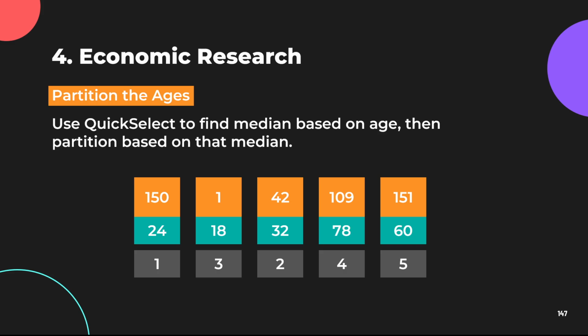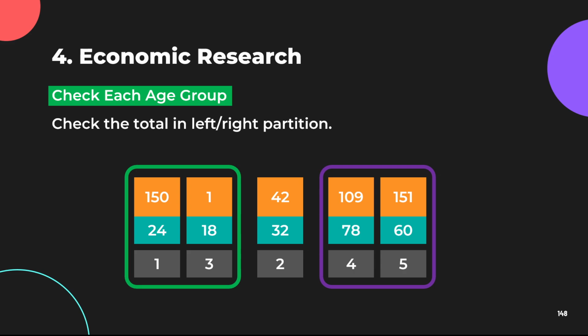So in this case, if I take this as a pivot, the median, then I partition based on that median age. Once I get the median age, 32, I partition them. Now there will be left and right.